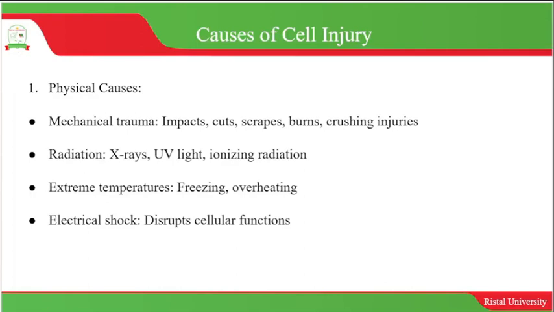As we are aware, this therefore can result in cellular signaling and osmotic imbalance, and ultimately lead to cell injury or death. That is how the physical causes can lead to cell injury. Physical causes such as mechanical trauma, radiation exposure, extreme temperature, and electric shock.